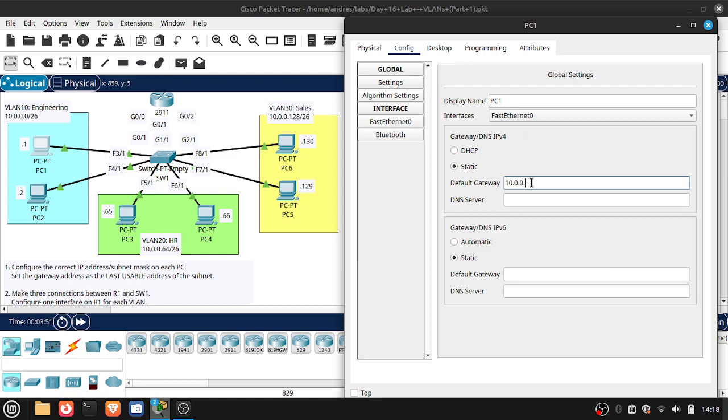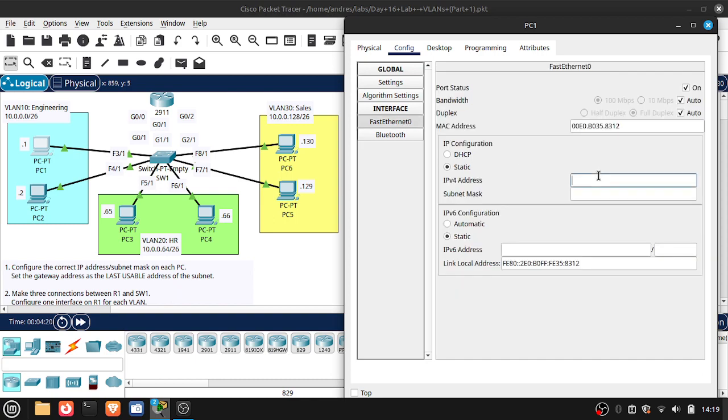So it's going to be 64 the block size, and the last address until you reach 64 is 63, but that is the broadcast, so we can't use that. We're gonna use 62. That is going to be our default gateway, the last usable address of the first subnet, and fast Ethernet.